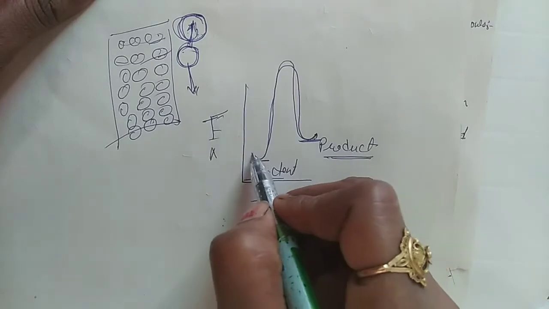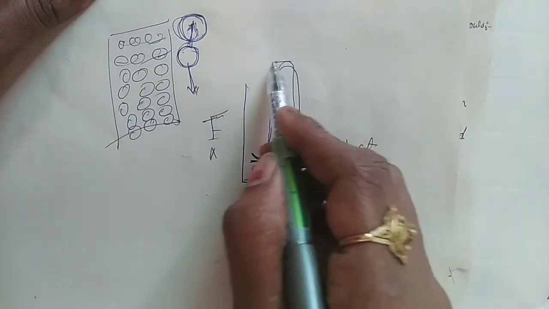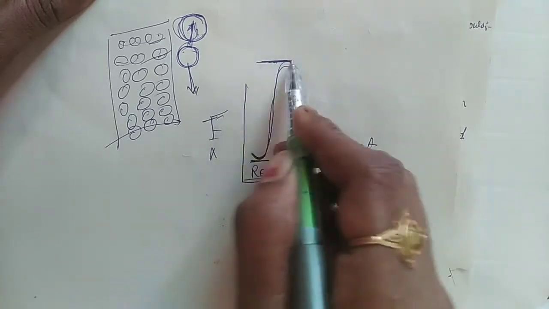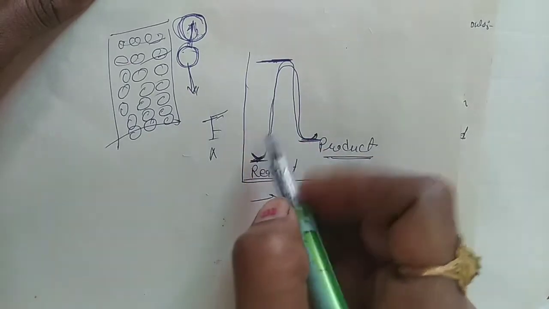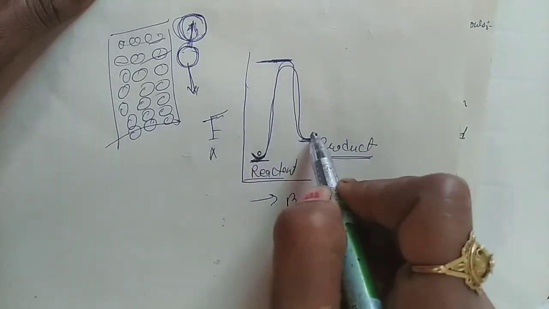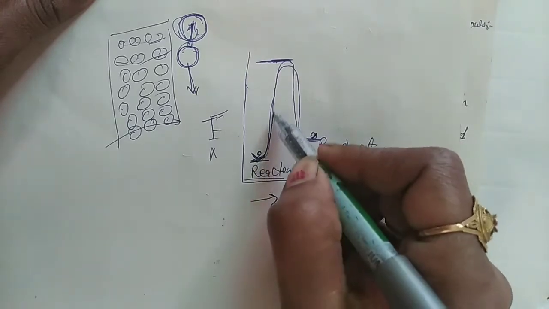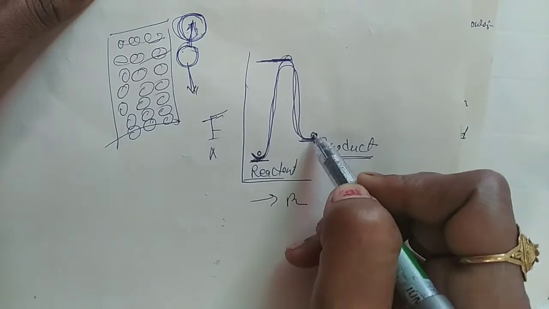When reactants are converting into product, this energy level must be attained by the reactant molecules. Just like a hill, if we want to go from this side to the other side, we have to cross this height, and after this height we can go down easily.